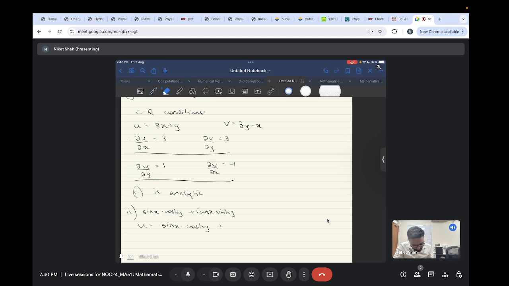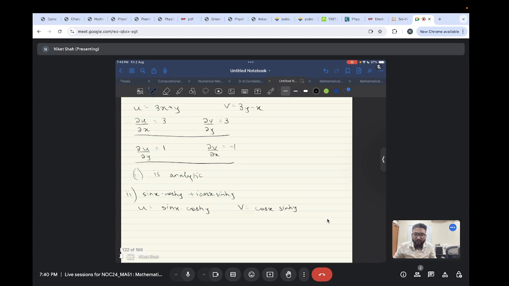The v part is cos x into sinh y. So now we'll go forward and evaluate the Cauchy-Riemann conditions for these functions. Del u by del x is equal to cos y into cos x.